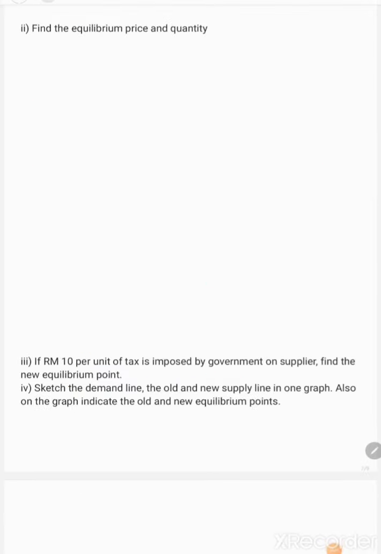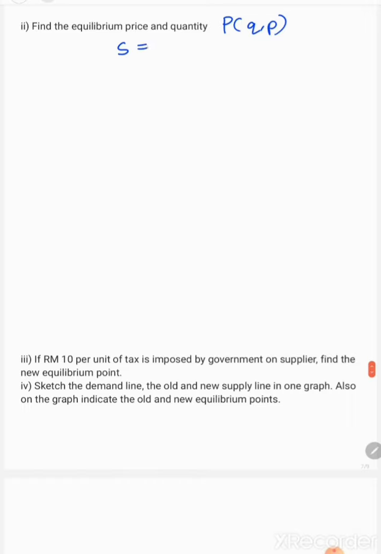For question number 2, find the equilibrium price and quantity, meaning that you have to find the coordinate, P, Q. We know that this is the intersection point between S and D. To find the equilibrium price and quantity, you have to substitute.